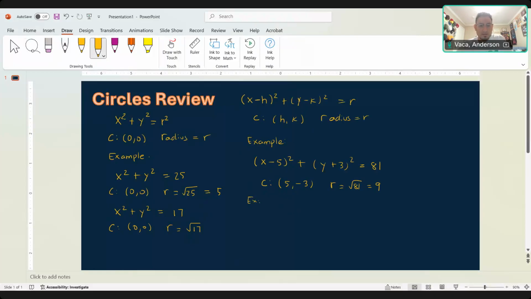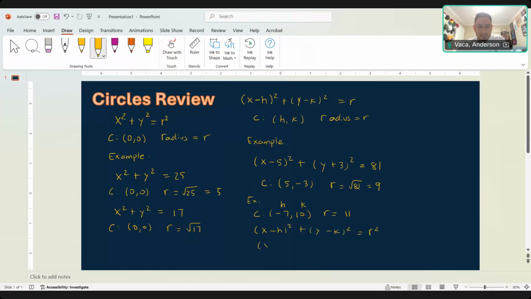So let's look at another example. Let's say that we want to write the equation of a circle that is centered at negative 7, 10 with the radius of, let's say, 11. Okay. So therefore, by the formula, we have x minus h quantity squared plus y minus k quantity squared is equal to the radius squared. Negative 7 will be h, 10 will be k, and of course the radius is 11.